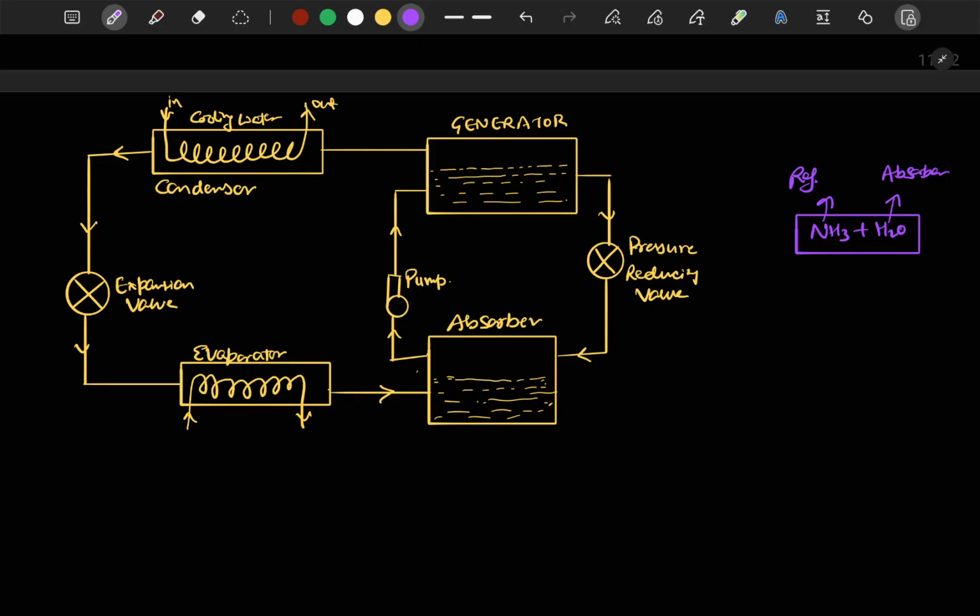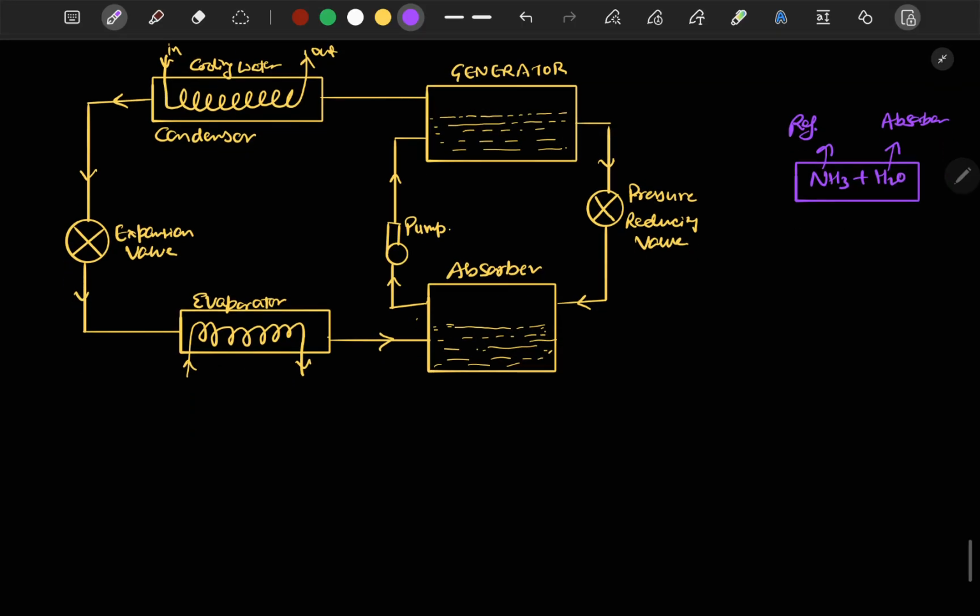And in the evaporator it receives heat, and after receiving heat it transforms into vapor form. So let's say that at the exit of the evaporator we have ammonia vapor.